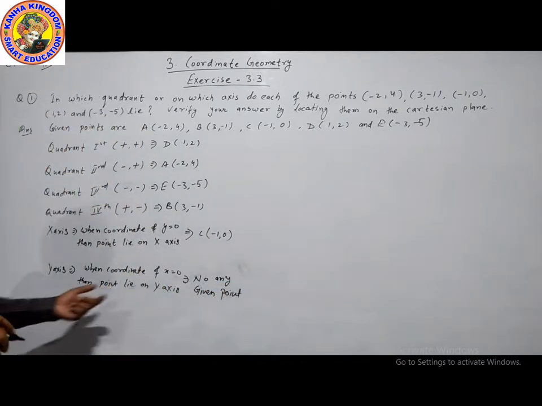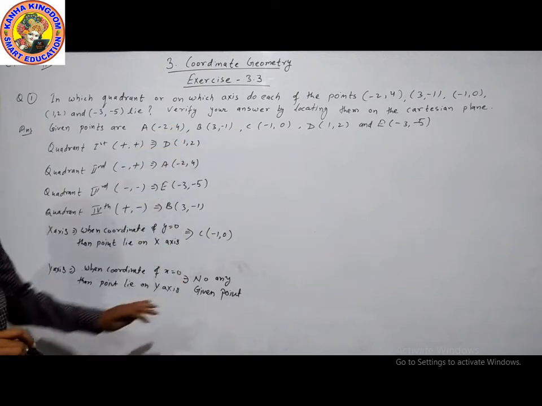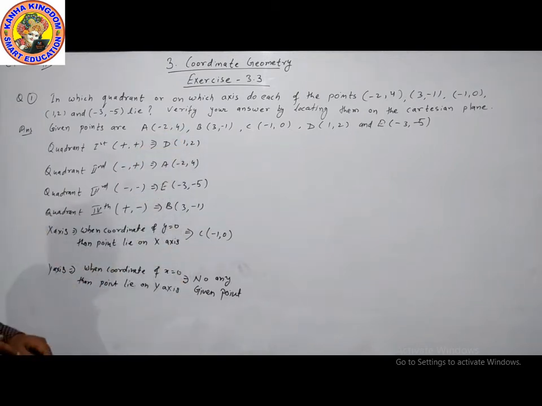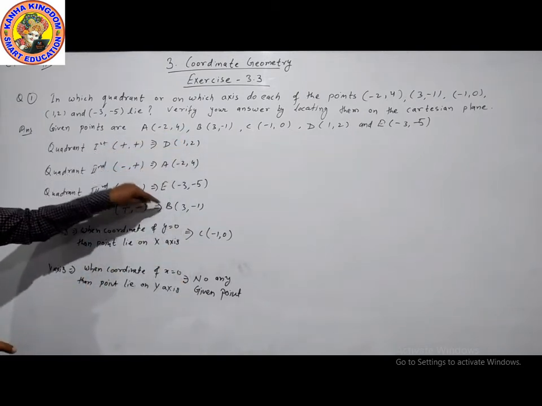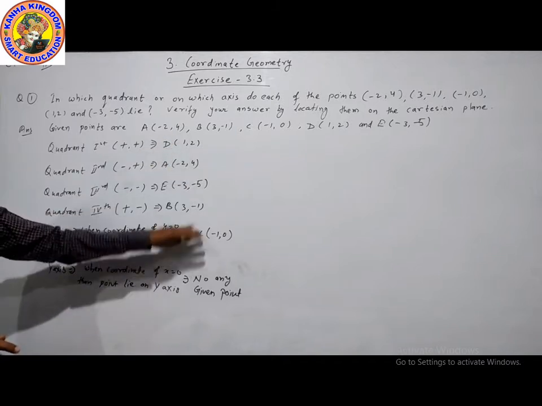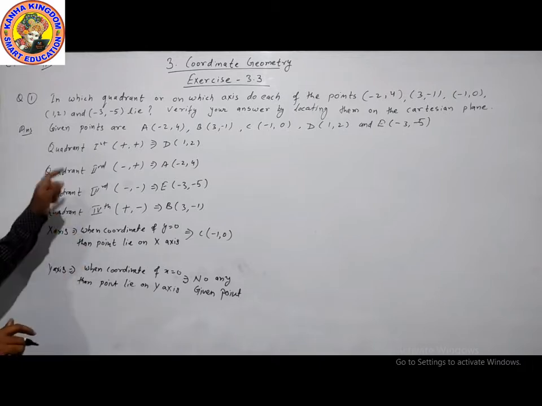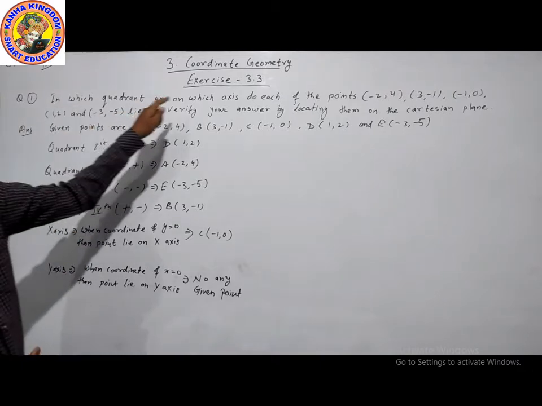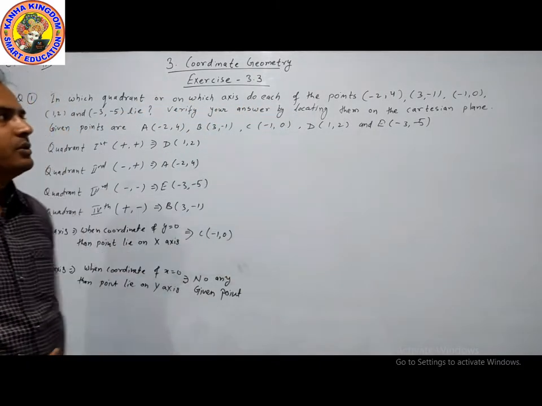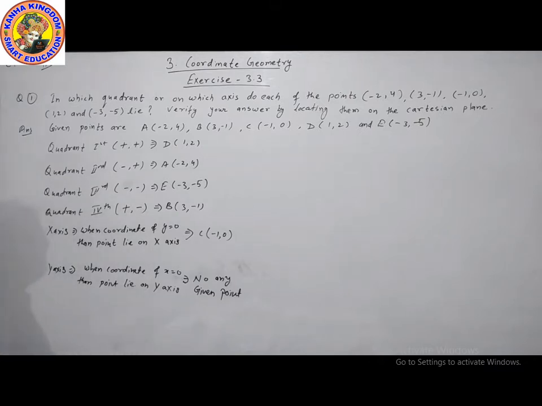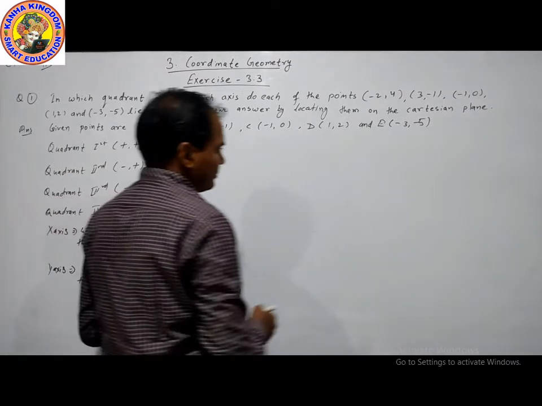So on the y-axis no given point lies. 1, 2, 3, 4 and 5, these are the 5 points we have denoted. So this is our first answer: in which quadrant or on which axis do each of the points lie? Now second one: verify your answer by locating them in the Cartesian plane.